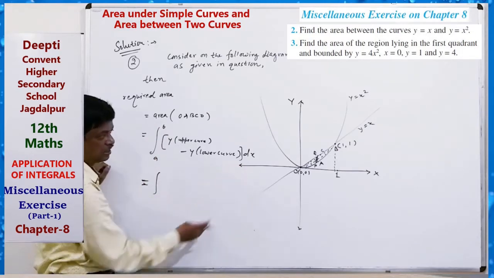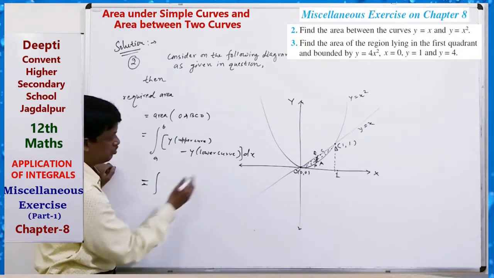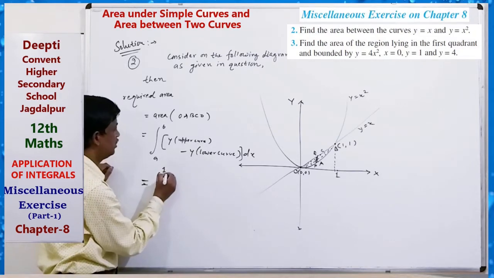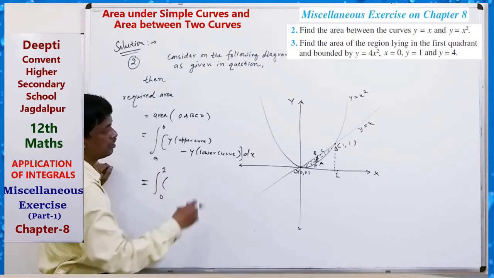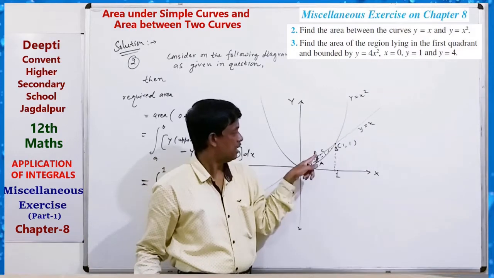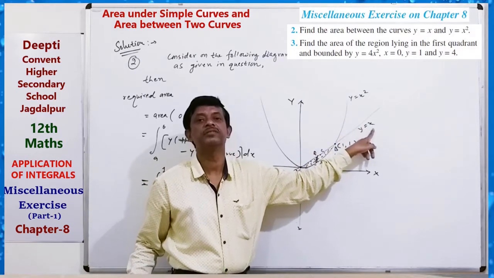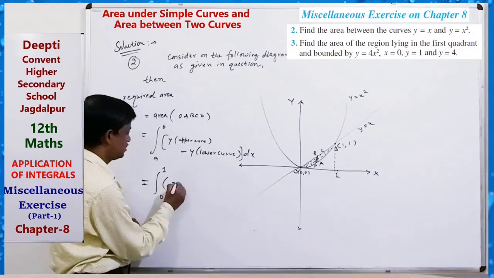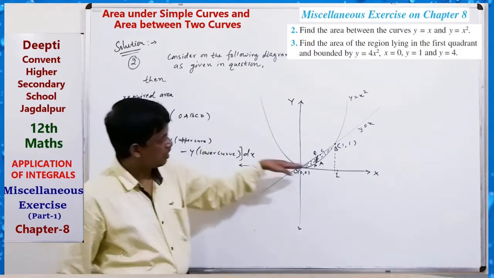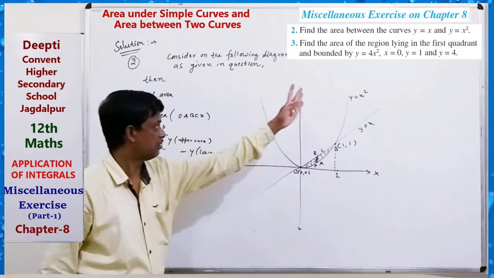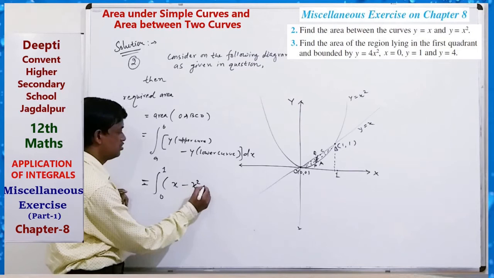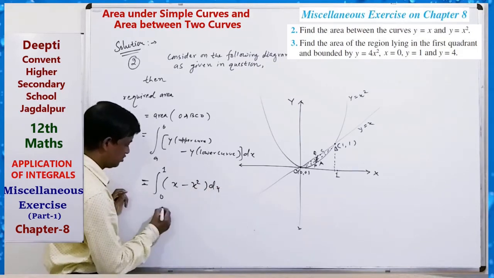Now put the final values, 0 to 1. Y from the upper curve means the line, so x, minus y from the lower curve, x square, dx. Now we can solve it.